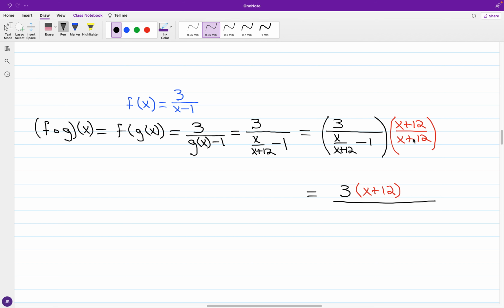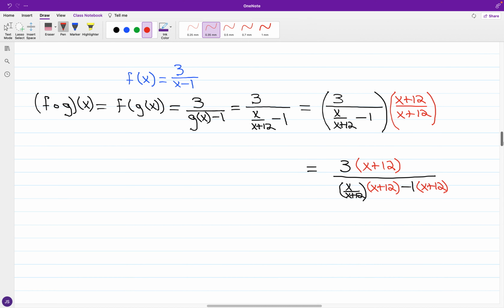Now for the denominator, you're going to have both of these terms multiplied by x plus 12.